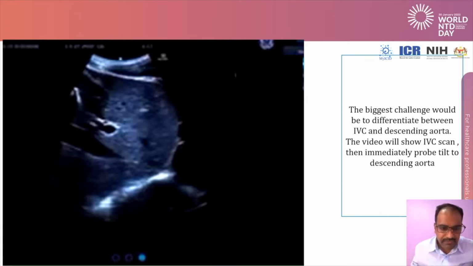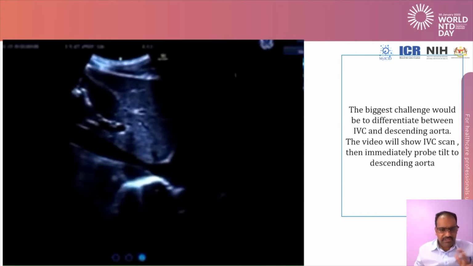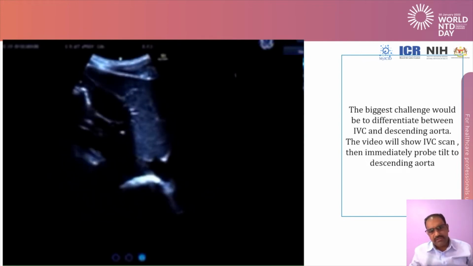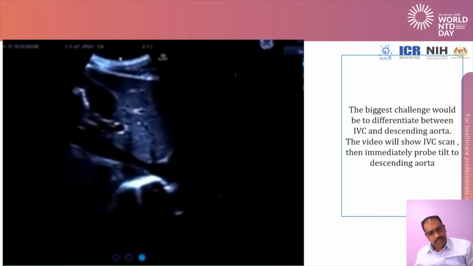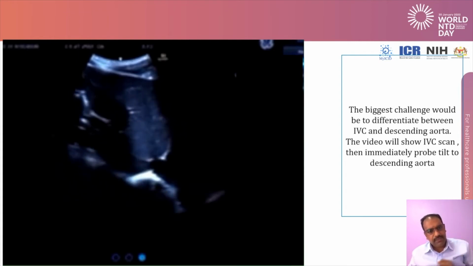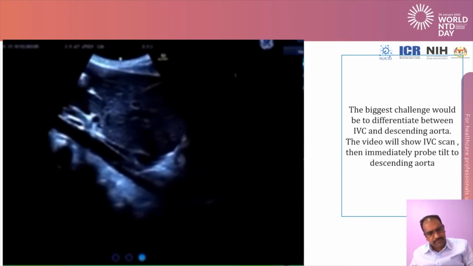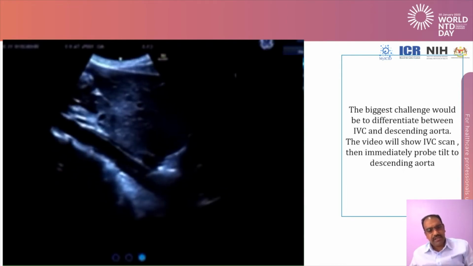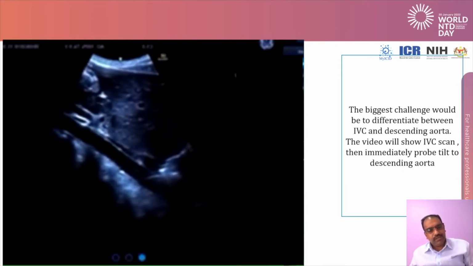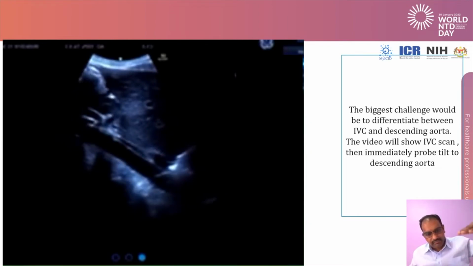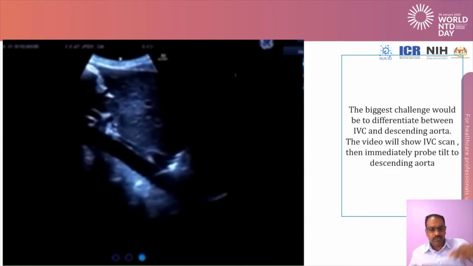So let me play the video first. So this is the IVC. There you can see the liver, RA, and it's collapsing when I'm pressing. Now I'm dragging the probe towards the midline, and you can see this is the descending aorta, where it is pulsatile. The lumen is very straight, going a bit downwards.